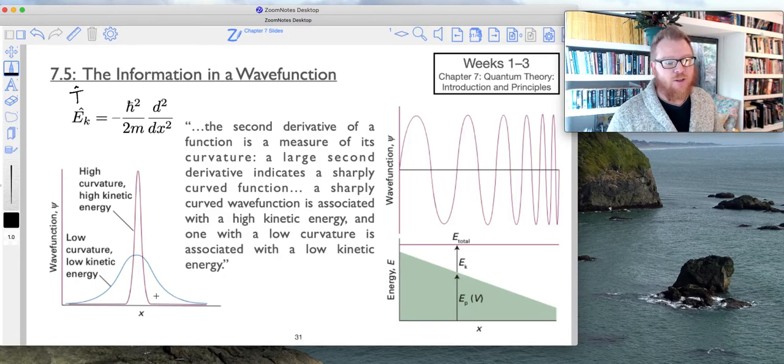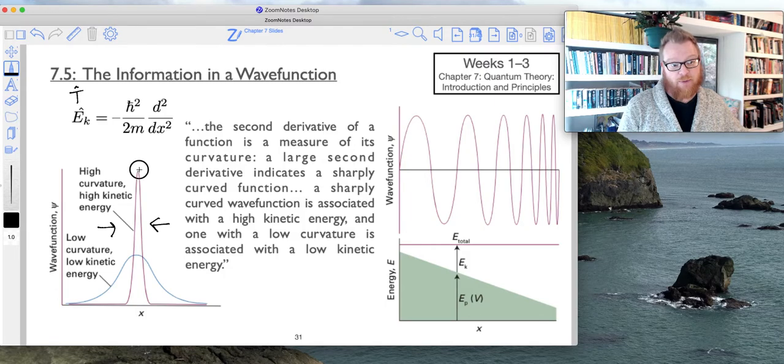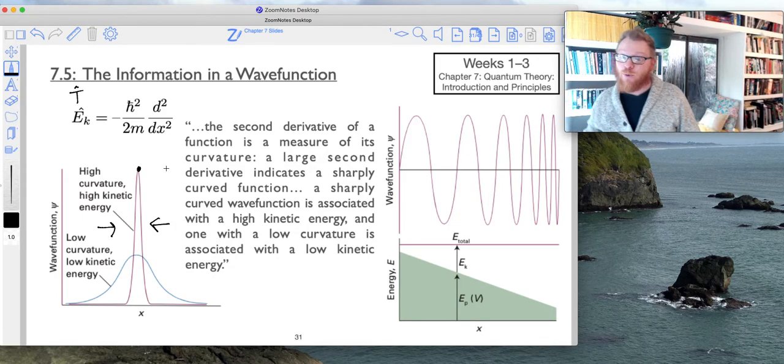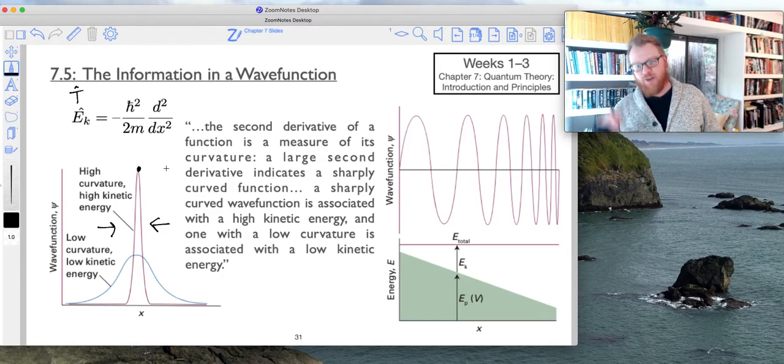I'm going to draw arrows going either way, moving into that place. And in the Born interpretation, we would say the most likely place is right here. Of course, there's no curvature at that point at all. At that top point, the slope is 0. Very interesting. We're going to come back to that.